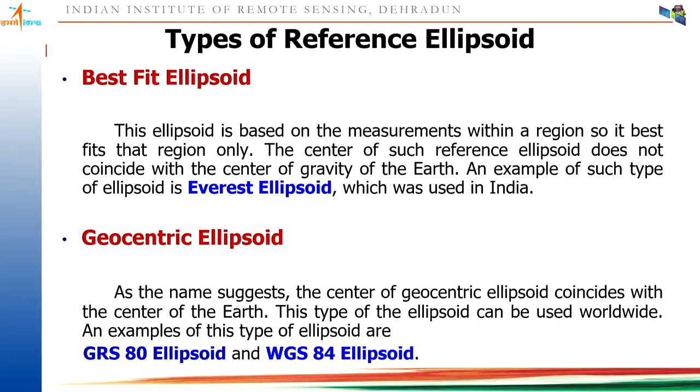In the best fit ellipsoid, local information was used to develop such a type of ellipsoid. See, an ellipsoid has a mathematical surface, and if we know any curve or any part, we can derive the equations. So we know certain quantities and we can derive the equations, that way we can understand.